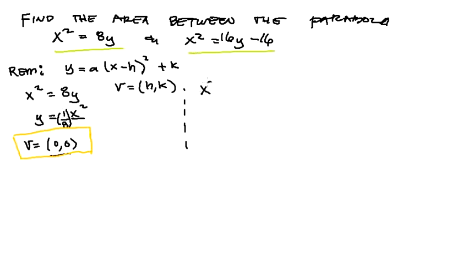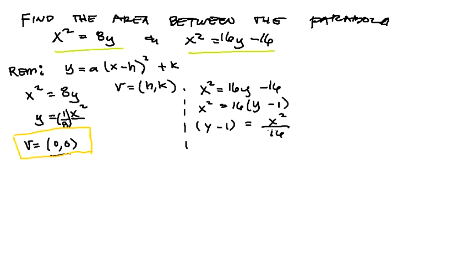We have x squared is equal to 16y minus 16, and in order to separate our y, we have 16 times (y minus 1) equal to x squared. Then y minus 1 is equal to x squared all over 16.